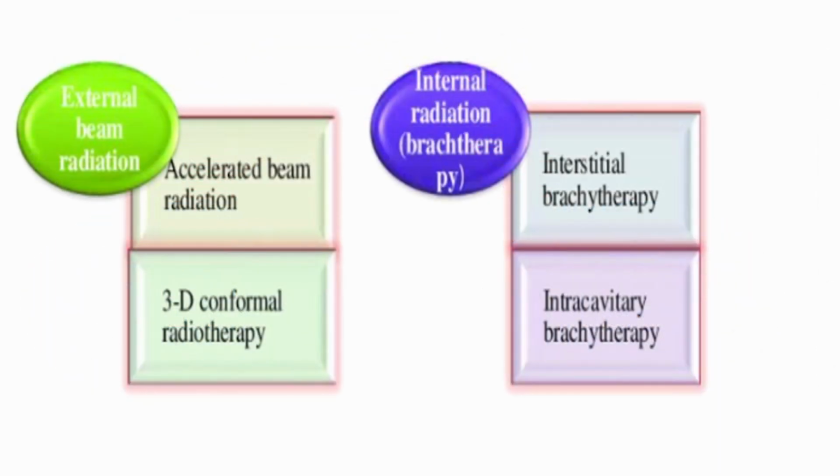This is just an elaboration of what I was talking about. I'm not going to go into the nitty-gritty of this information. I just want you to have an appreciation of the radiotherapy machines we use and the different types. So under the external type of beam radiation, we have what are called accelerated beam radiation and also 3D conformal radiotherapy.